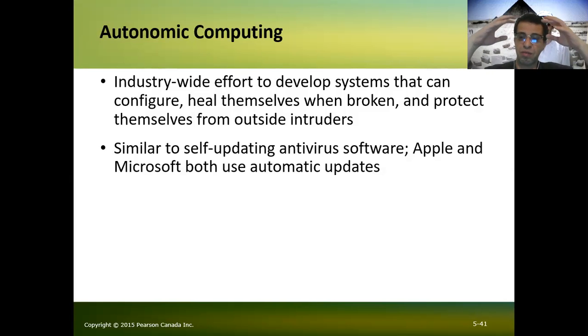They just give a few forms and then the machine will learn how to program and select a report, and then you adjust that report in order to get some kind of personalized report. It's similar to self-updating antivirus software; Apple and Microsoft both use automatic updates.